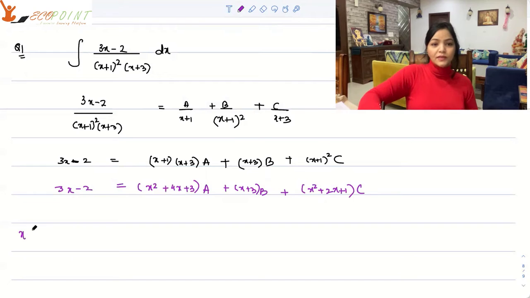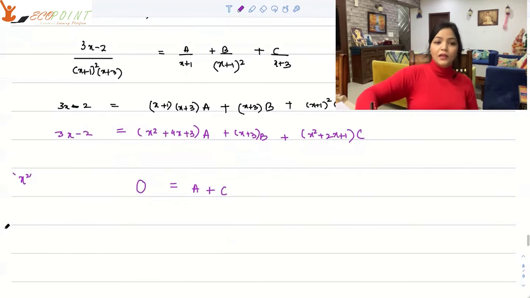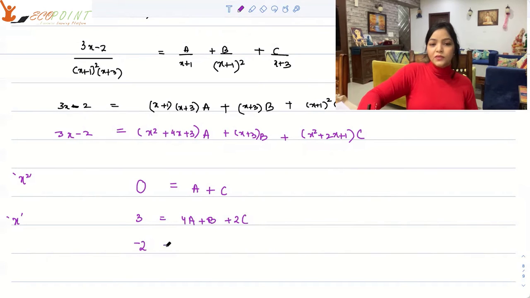So comparing the coefficients of x square, it's 0 on the left hand side and on the right hand side you have A plus C. Comparing the coefficients of x, you have 3 on the left and 4A plus B plus 2C. Comparing the constant, you have minus 2 on the left side and here you have 3A plus 3B plus C, right?